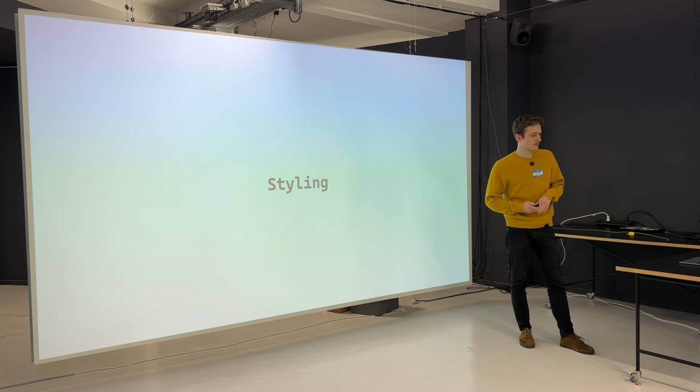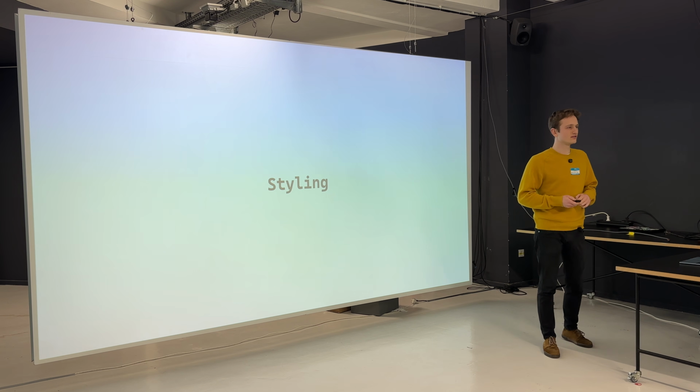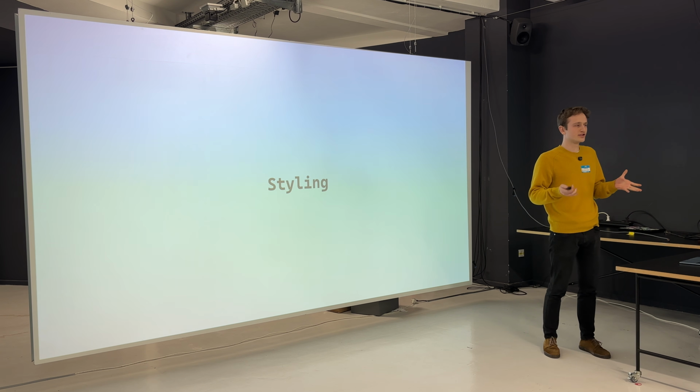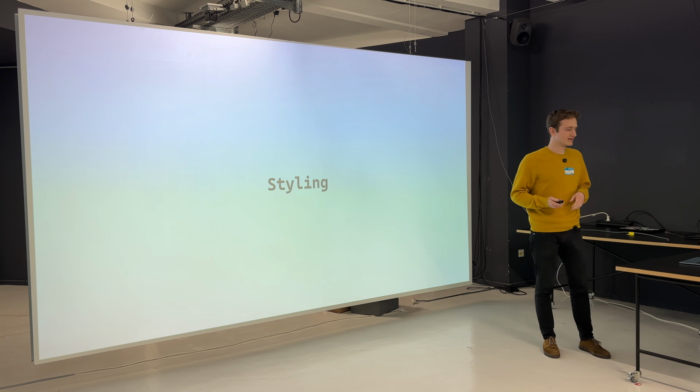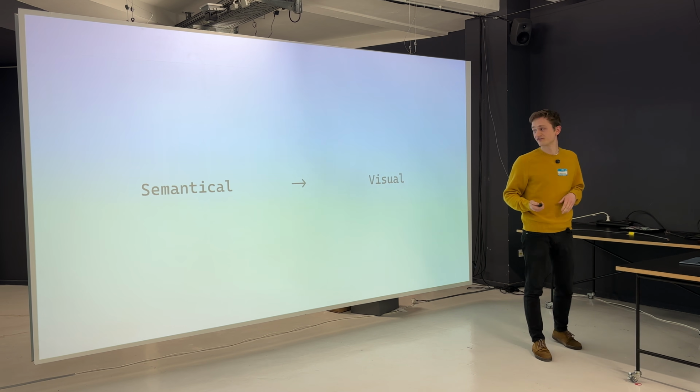So if you take a look at what I mean by styling, colloquially speaking, it's just how does my document look? But at a deeper level, it's about going from something semantical to something visual.